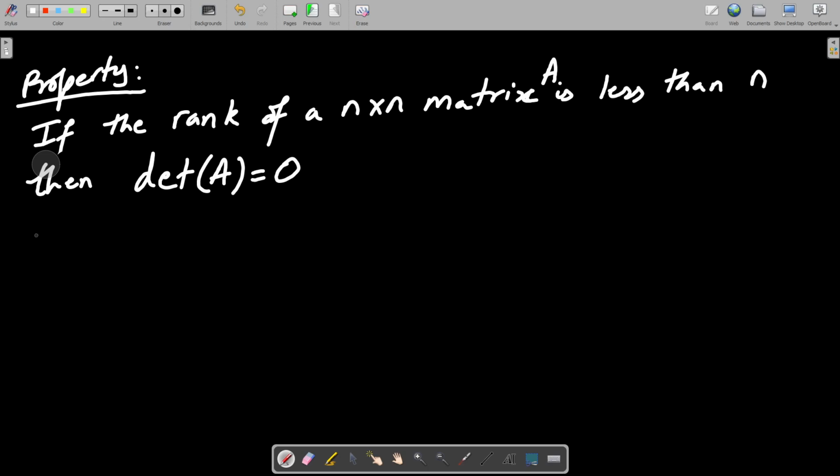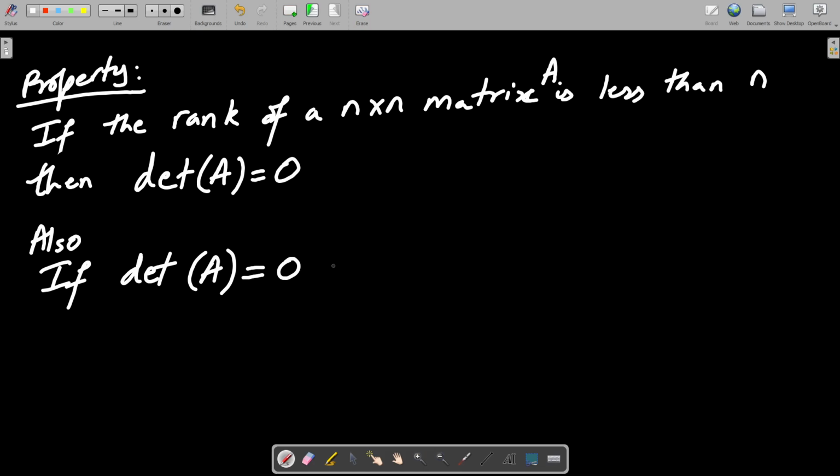Also the converse is true. If the determinant of A is equal to 0, then the rank of A is strictly less than n.